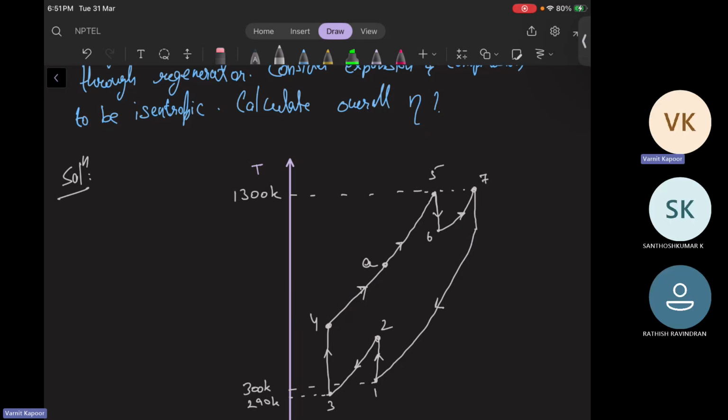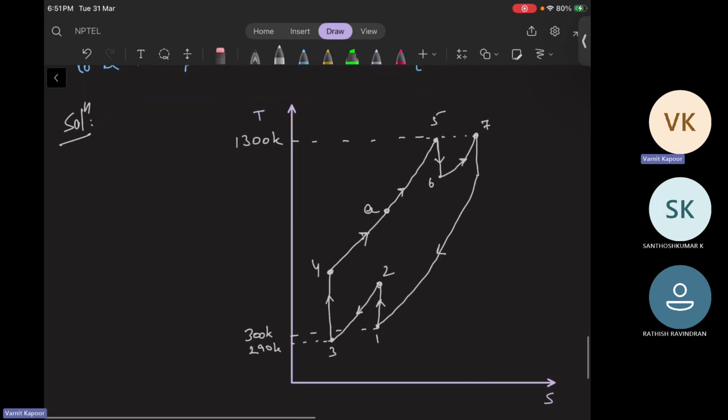Okay, so we have plotted the cycle. We'll write again the given pressure values and temperature values. So P1 is given to you, which is eventually equal to P8 here, and that is 1 bar. Then P2 and P3 are given from the first stage compression, equal to 4 bar.